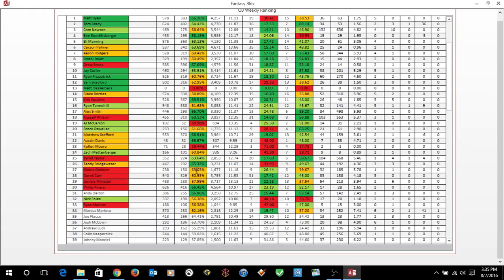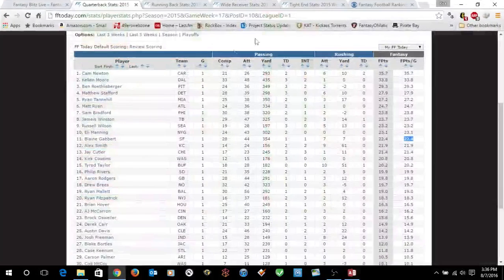You can see he's averaging 63%, completing 63% of his throws. Throws a touchdown every 26 times he drops back, and a pick every 40 times, which is very decent. So we start Blaine Gabbert here, and let's go check his stats. Blaine Gabbert, quarterback. Interestingly enough, week 17 results.